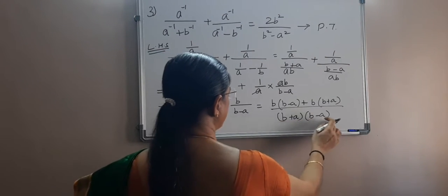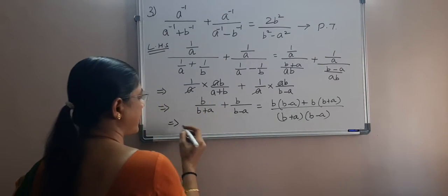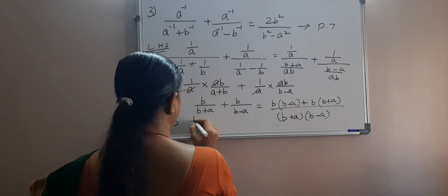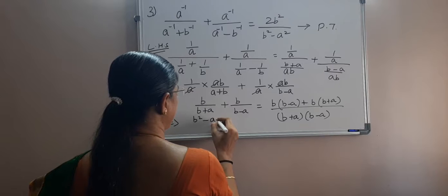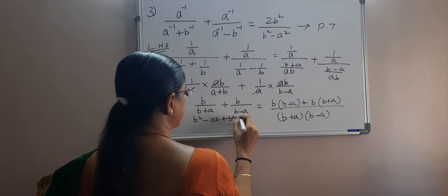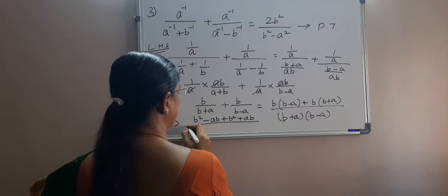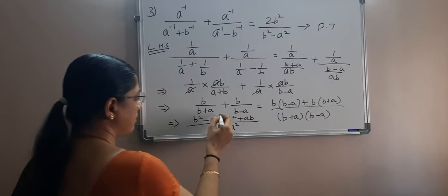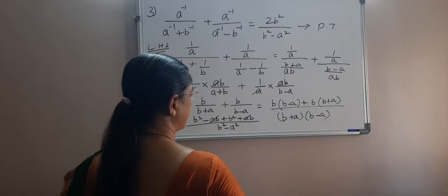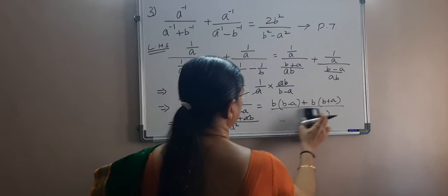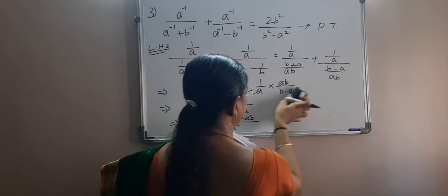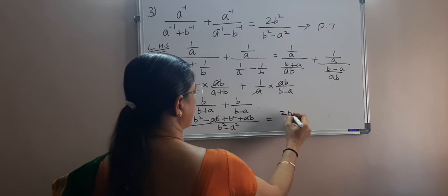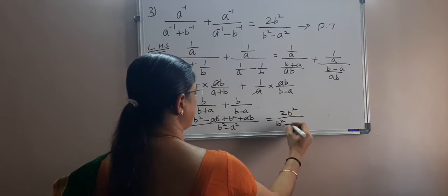So a plus b into a minus b will be a squared minus b squared, or b squared minus a squared here, and the numerator becomes b squared minus ab plus b squared plus ab, and the denominator becomes b squared minus a squared. Now minus ab gets cancelled, and I'll be getting the answer 2b squared divided by b squared minus a squared.